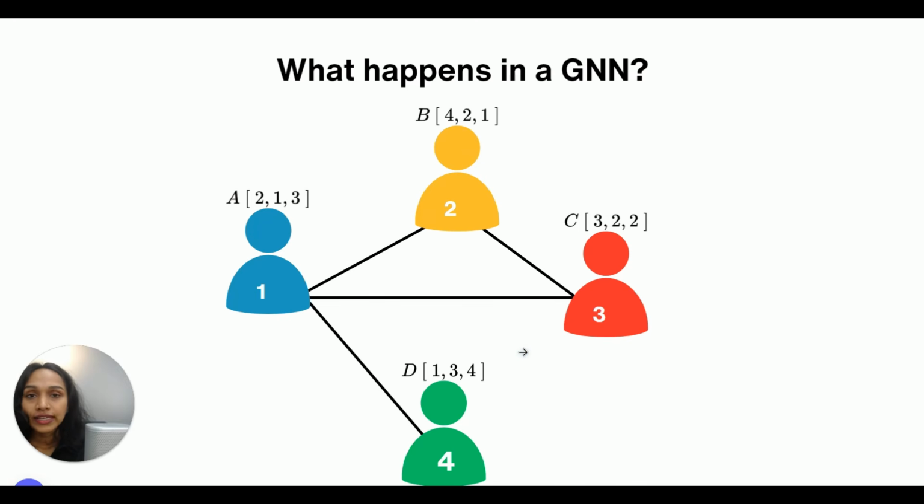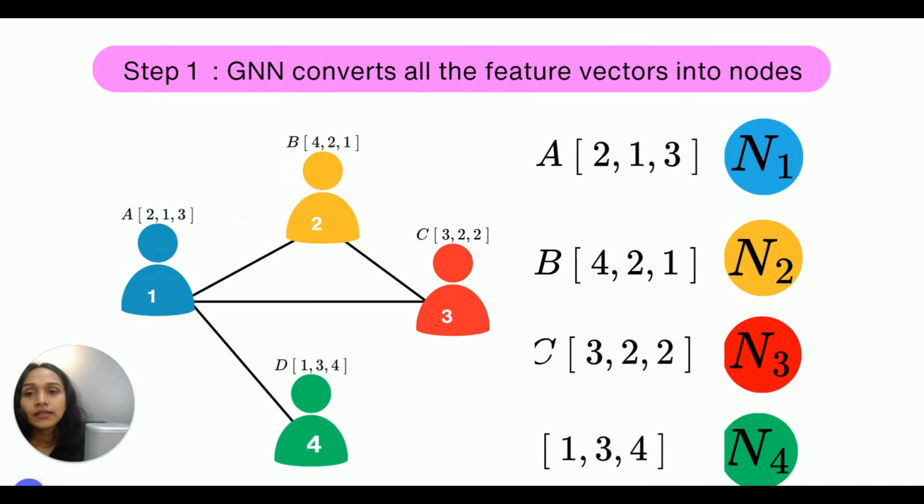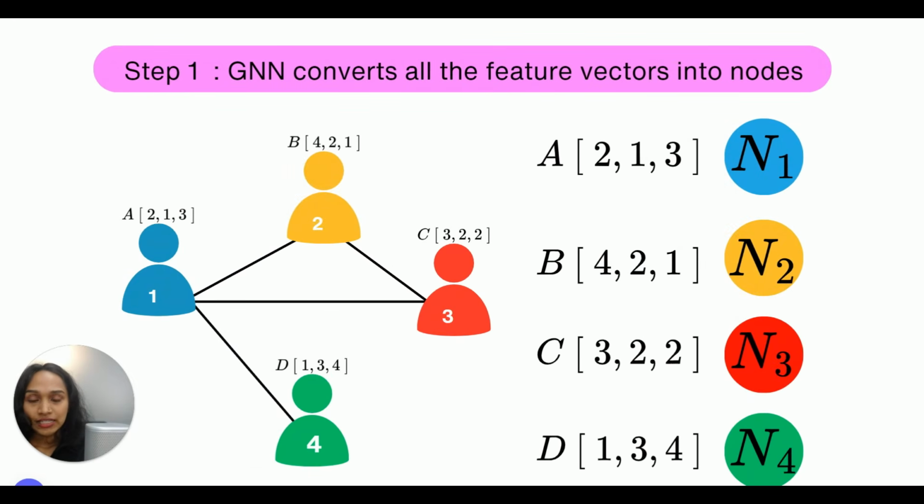The first step a graph neural network does is it converts these vectors into nodes. This step is called node initiation. So we have 4 friends as the nodes of this network, and these 4 feature vectors are converted into the nodes of this graph neural network. So node 1 is A213, node 2 is B421, node 3 is C322, and node 4 is D134.